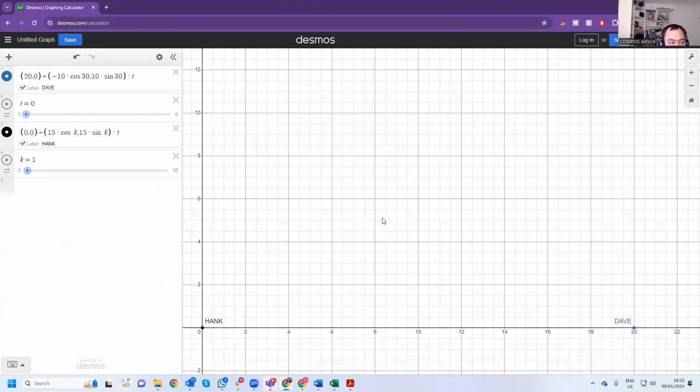So we have Hank and Dave. They're here. Let's change the angle, and let's make Hank at 30 degrees as well. Okay, too sensitive. 0.05 and 2 seconds.